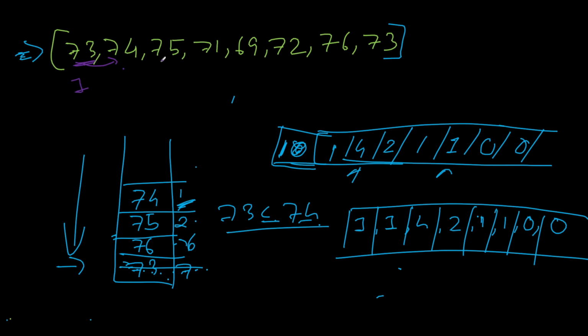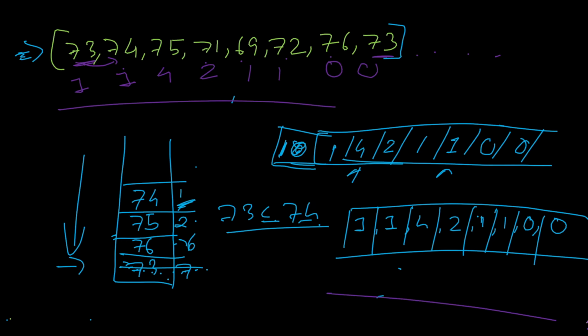For 74, 75 is the next greater, so the distance is 1. For 75, the next greater, if you can see, is 76, the distance is 4. For 71, the next greater is 72, distance is 2. For 69, it's 72, so 1. For 72, it's 76. And for 76, we don't have anything, right? So it will be 0. For 73 also, we don't have anything, so it will be 0. So if you match this with our output, it's matching, right?